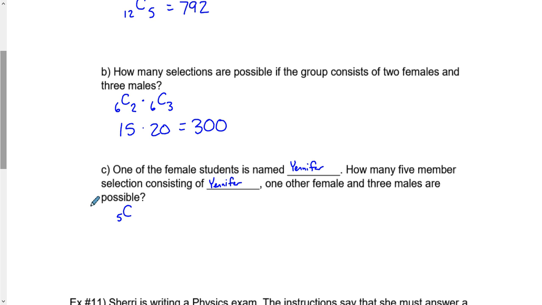And since Yennefer has to be in here, she's taken out of the 2 possible females. So 5C1, there'd still be 3 males being taken out of the 6. So 5 times 20 would be 100. So out of these 300, which have 2 females and 3 males, 100 of them would have Yennefer in it.